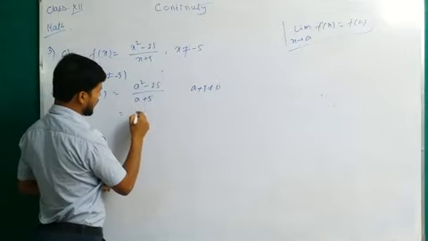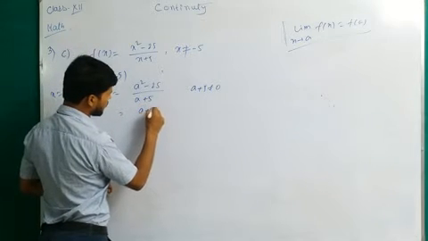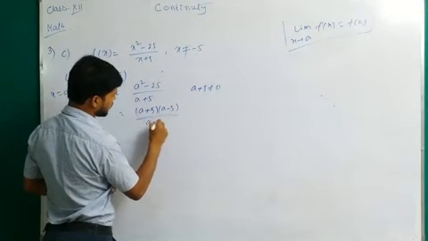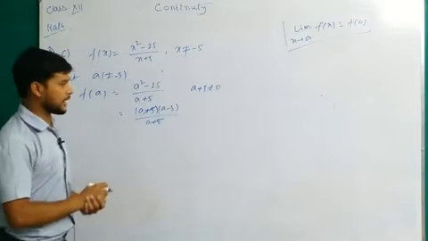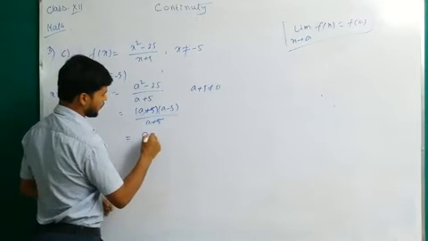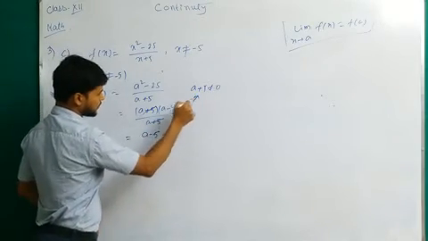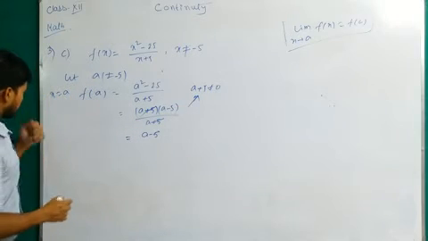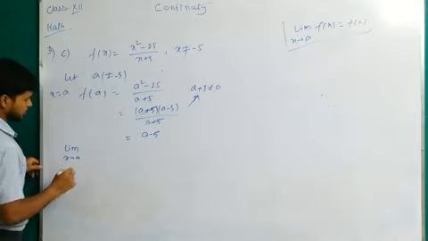Now if I apply the formula, that can be written in the form a plus 5 into a minus 5 by a plus 5. So this a plus 5 and this a plus 5 will cancel each other, so it is a minus 5. Okay, we cancel a plus 5 as a plus 5 is not equal to 0.